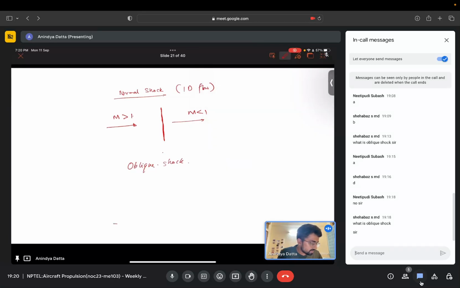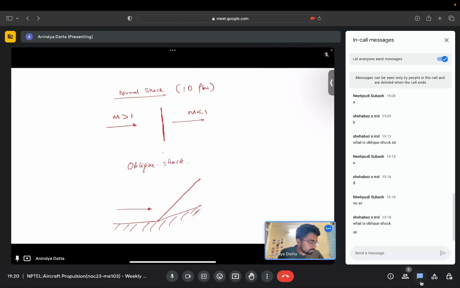Let's say we have something like this, the flow turning. You'll get a shock like this. The flow is in that direction here, and after the oblique shock the flow turns like this.